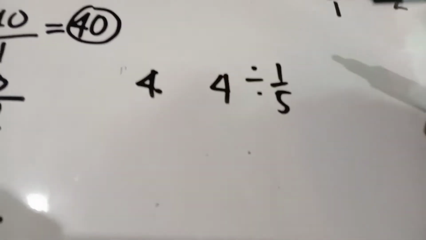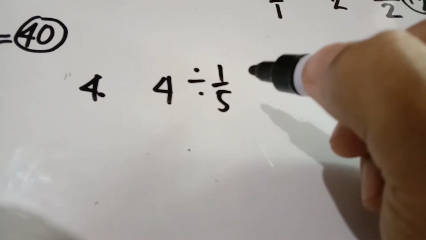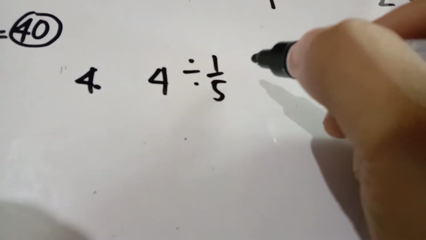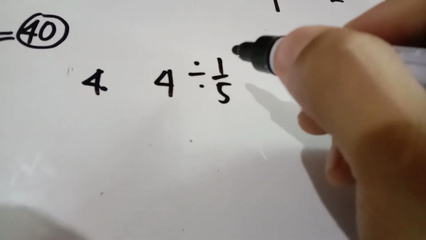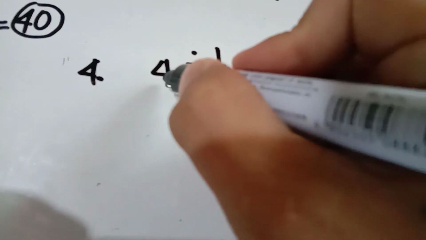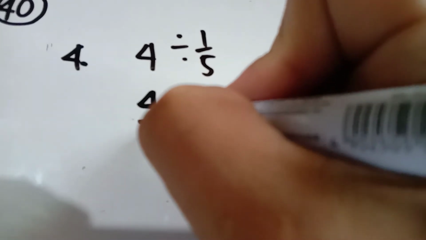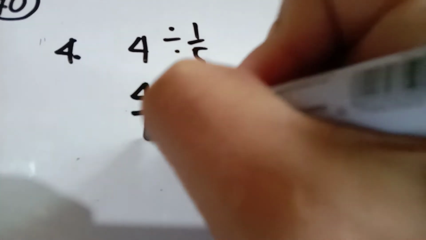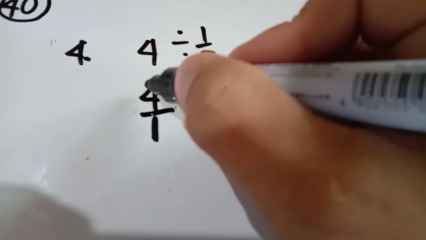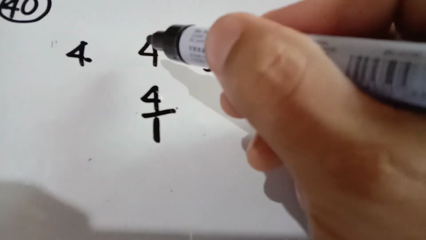Okay, so again, pag magdi-divide tayo ng whole number by fraction, unang gagawin natin is we will change the whole number. Gagawin natin fraction si whole number by writing 1 as the denominator of 4. Kasi 4 over 1 is the same as 4.